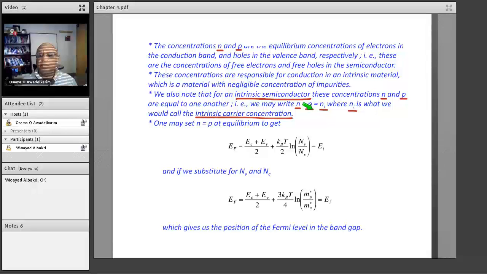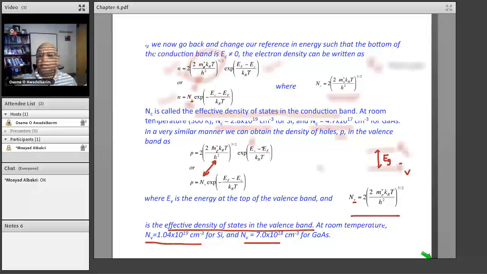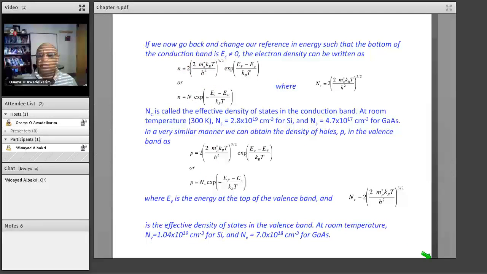Now what I'm going to do is go back to the expressions for N and P in the previous slide and set them equal to one another, because in an intrinsic semiconductor we know these two are equal. So N equals P.